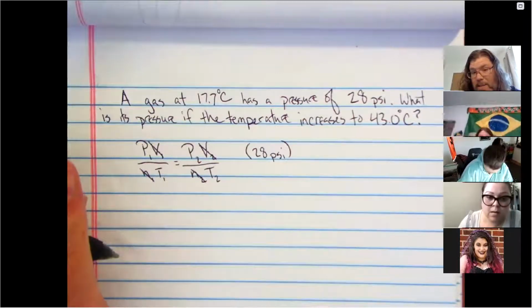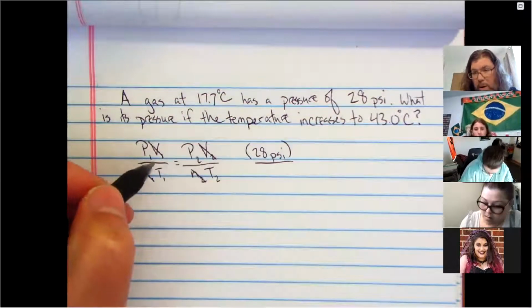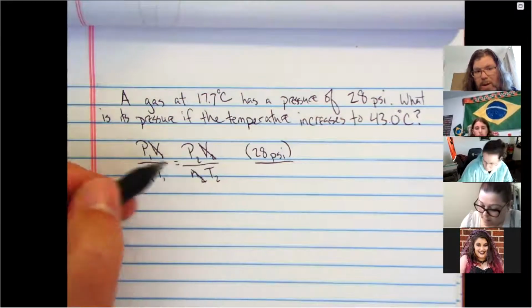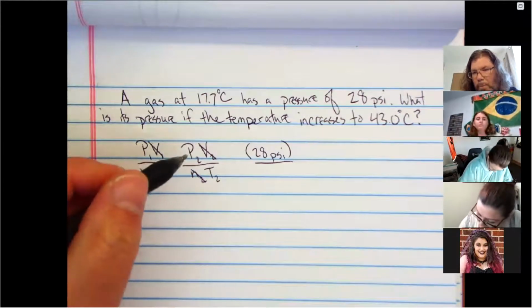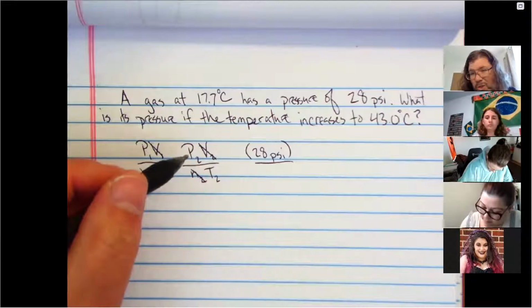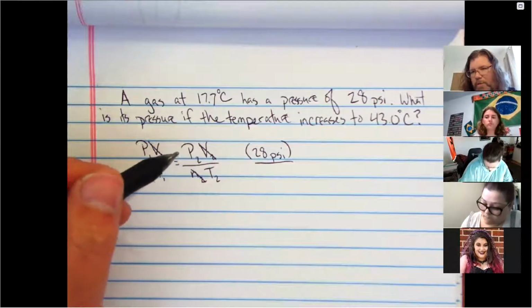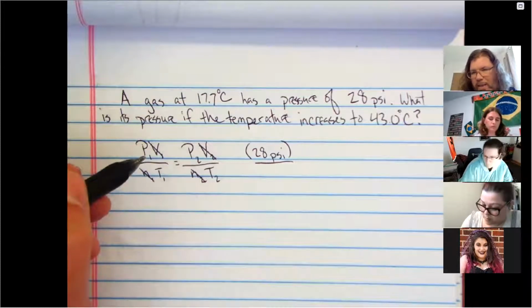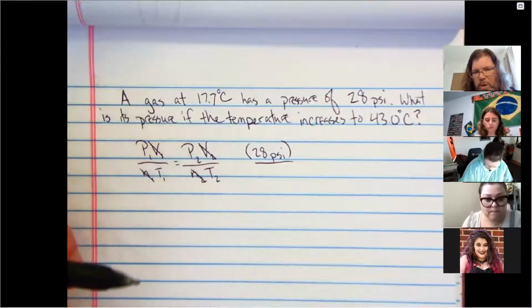And it's because the great thing about using P1 V1 over N1 T1 equals P2 V2 over N2 T2 is, if we know the units for our initial pressure, the final pressure should be in the same units. So even though we're not familiar with using PSI as a pressure unit, we can solve for the new pressure in PSI, and that's fine because we know what the old pressure unit is. The new pressure is going to be in the same units.